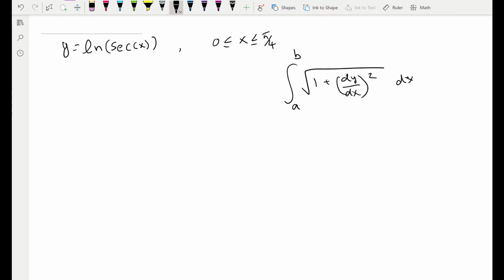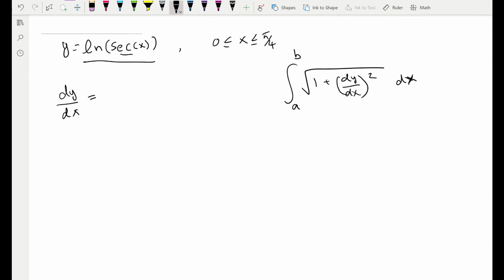The first thing we need to do is find the derivative. That can be a little bit challenging here. We have to use the chain rule because we have a composite function, a function inside another function. First we differentiate the inside function.